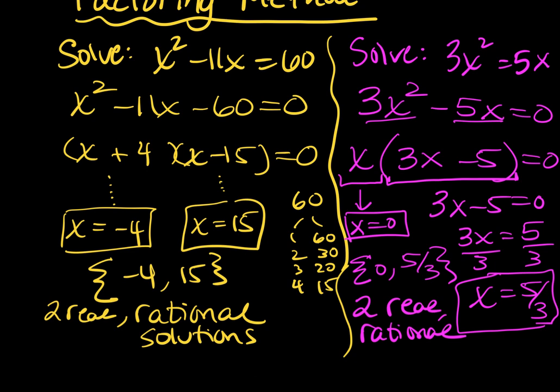So let's take a look at how else answers could come out. And so we're going to go on to the quadratic formula here. So this is method 3 we said in the front, using the quadratic formula.